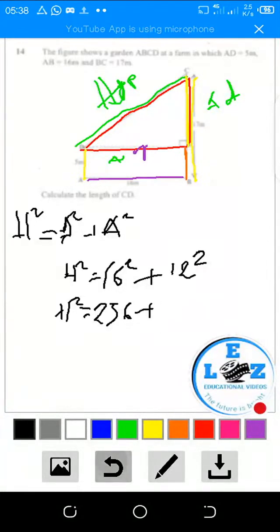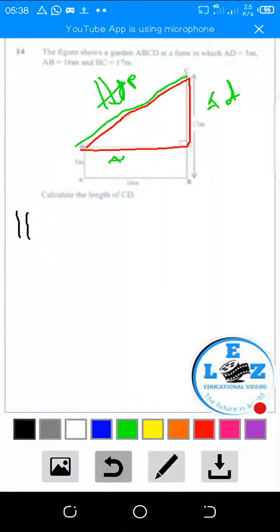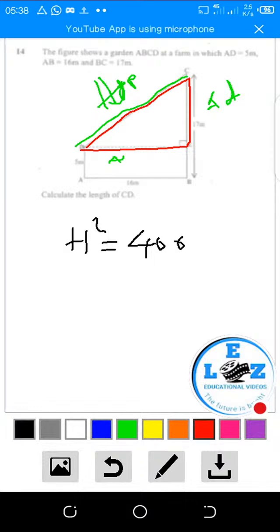So h squared is equal to 400. Then we square root everything.